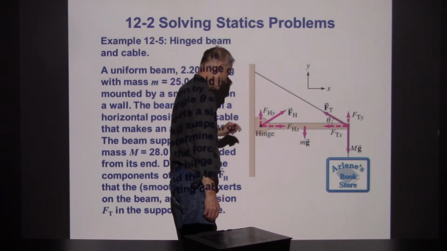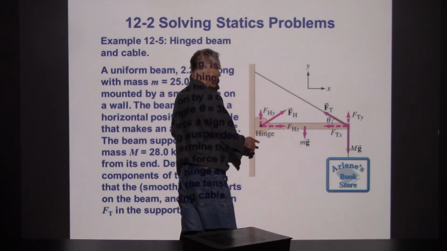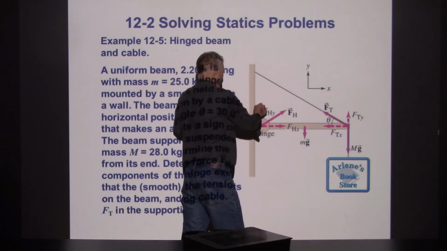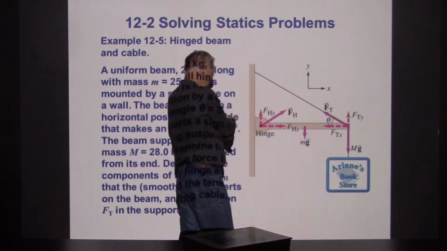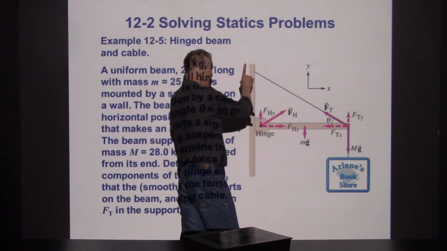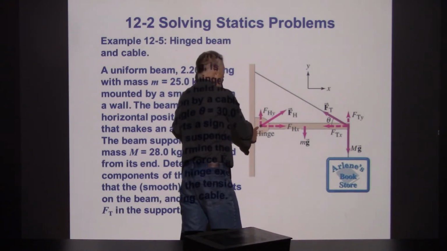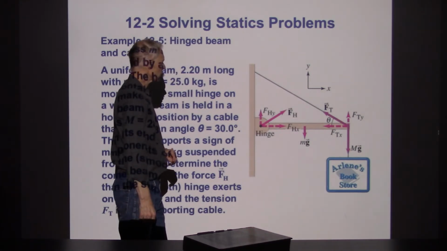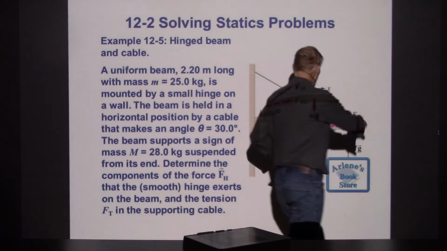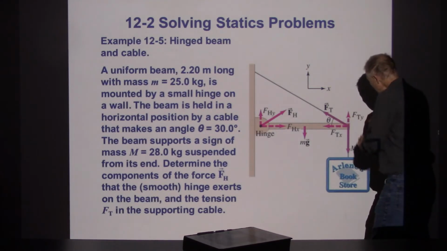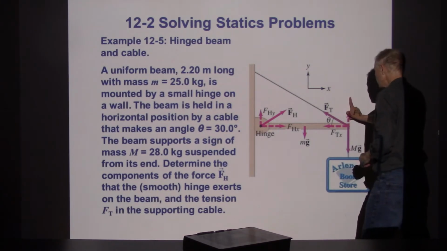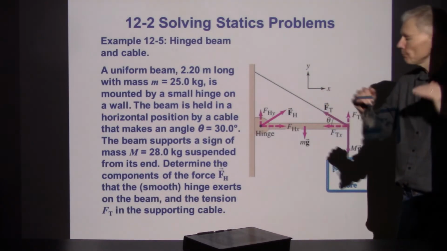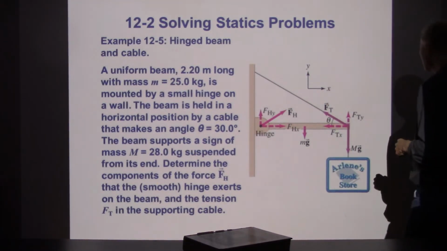Now the hinge can create normal forces that push on the beam in either direction. The hinge could push that way, it could pull the beam in, it could lift the beam up, it could push the beam down from that one location. Now what I'm seeing here is the presence of the cable: there's a vertical component, and the vertical component will help support the beam and the sign.